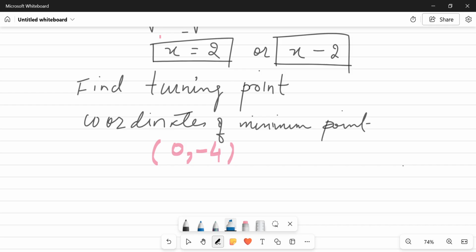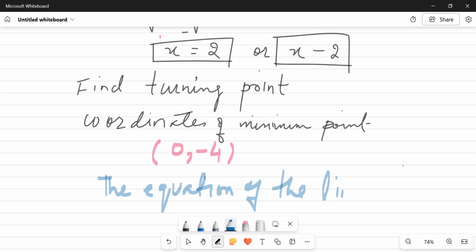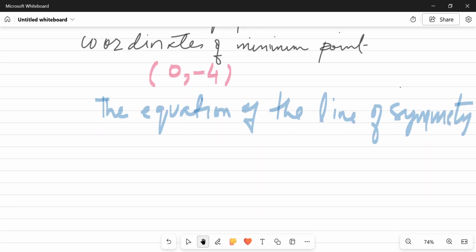So here the equation of the line of symmetry is, yeah, always x, okay? X is equal to 0.